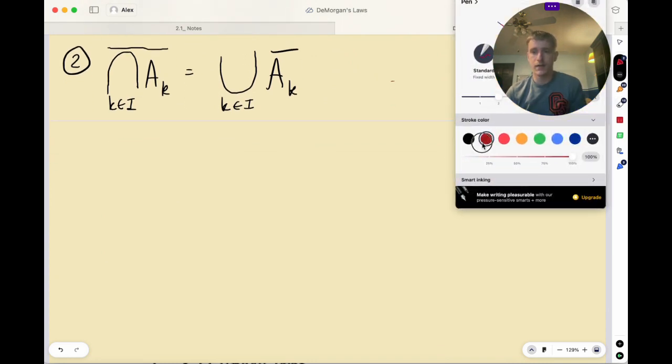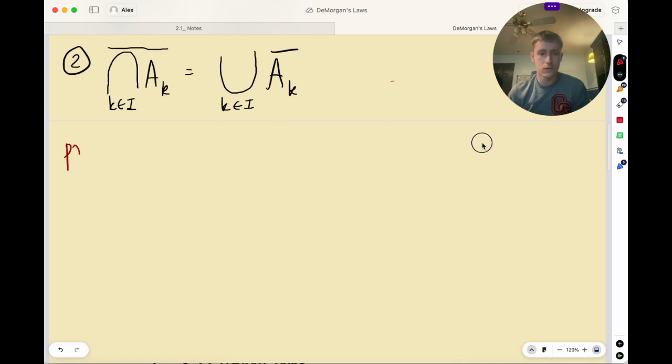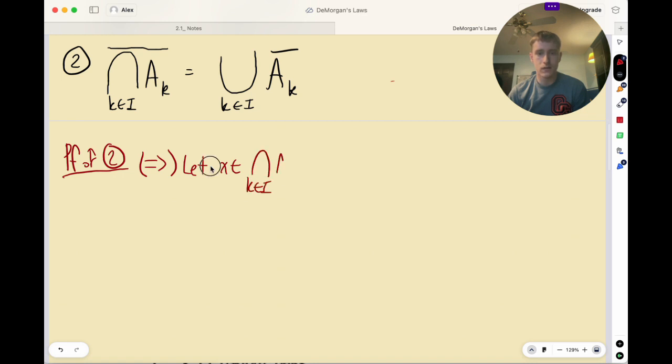All right, let's get started. Proof of 2. Again, we're going to have a forward direction and a backwards direction. For the forward direction, let x be an element of the complement of the intersection of all such A sub k's. Again, what's the big picture? The big picture is that x is an element of some complement.